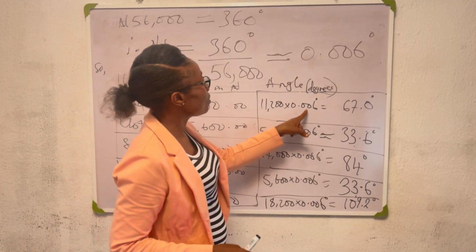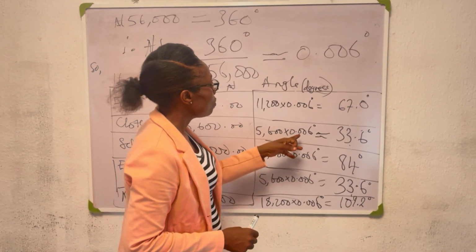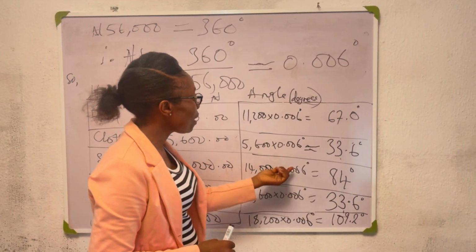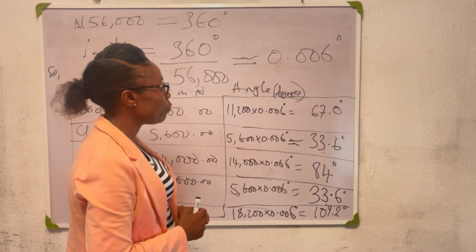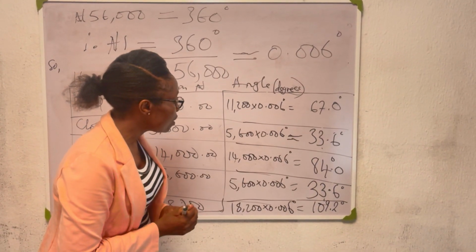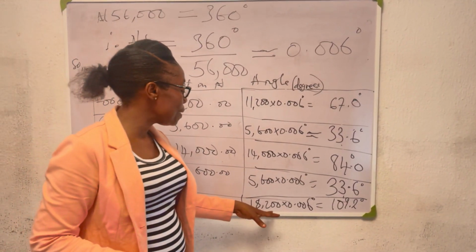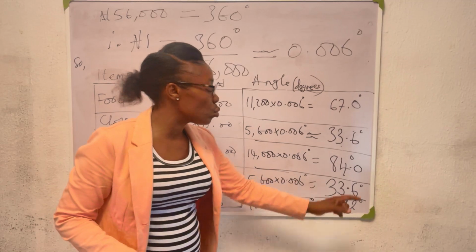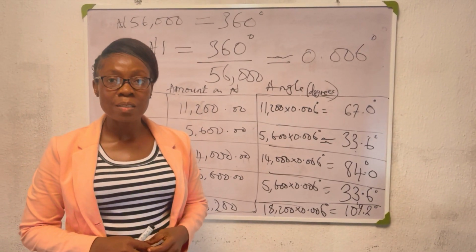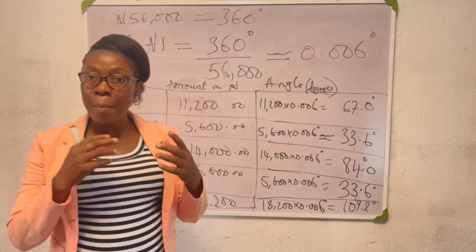So this times this will give us 67 degrees. 5,600 times this will give you 33.6 degrees. 14,000 times this will give you 84 degrees. 5,600 times this will give you 33.6 degrees. And 18,200 times this will give you 109.2 degrees. These are what we are going to represent on a pie chart.